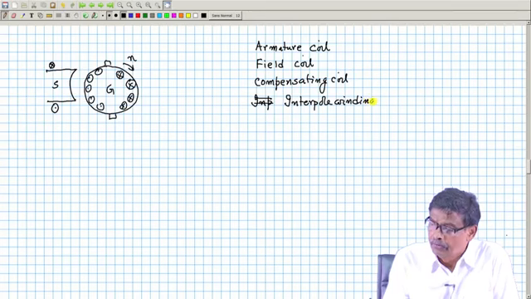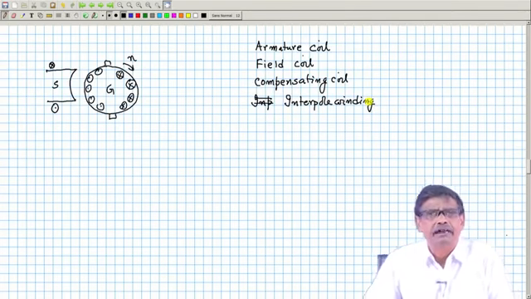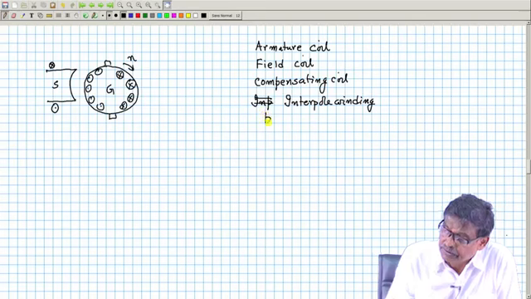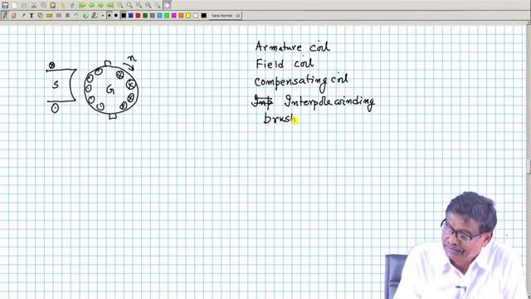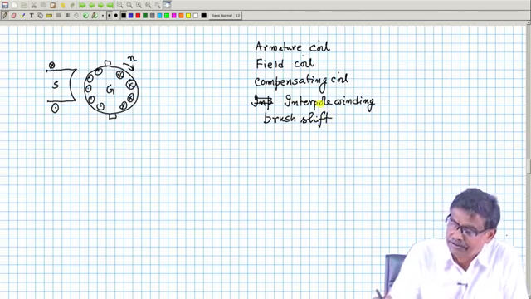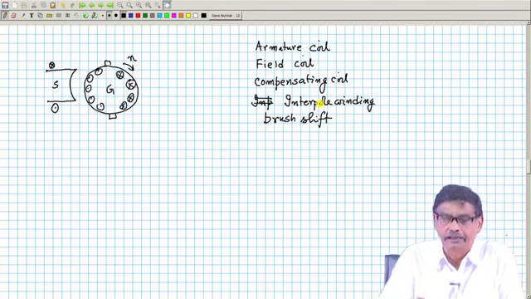And I derived several formulas, and then I used brush shift. Let us understand the sequence in which these terms have been used earlier.